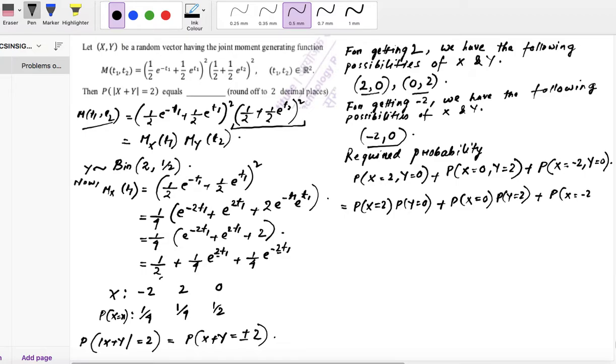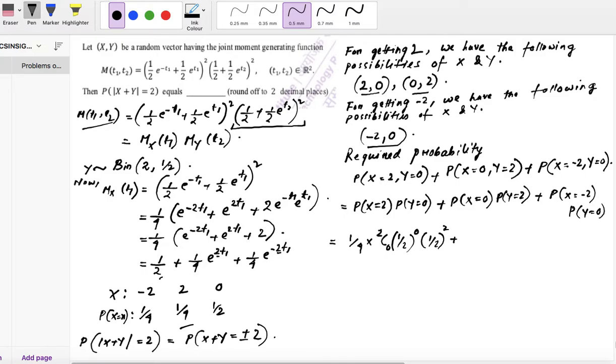Plus X equals -2 and probability of Y equals 0. Now for X equal to 2, what do we have? 1 by 4, and Y equals 0 is 2C0 half to the power 0 half to the power 2.